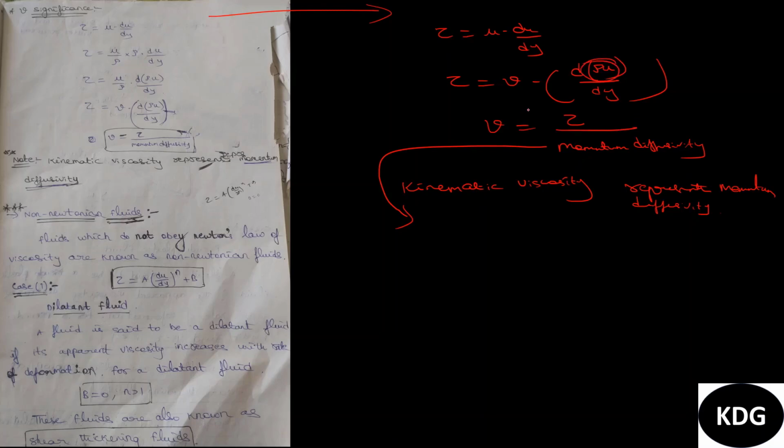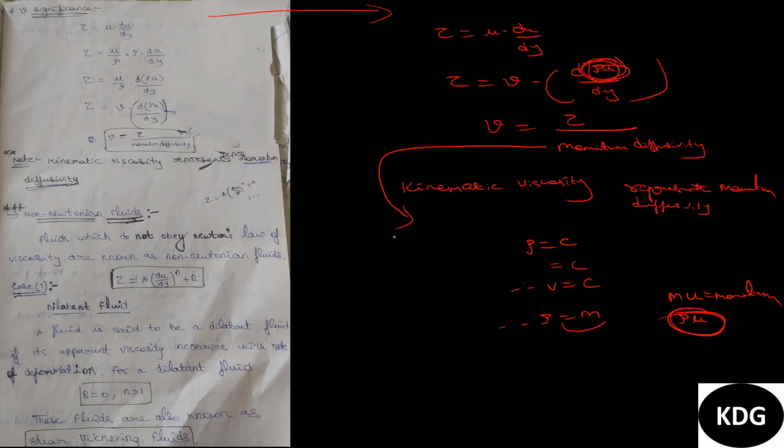Here rho is constant and m is also constant, therefore v is constant. So rho times u is equal to momentum.